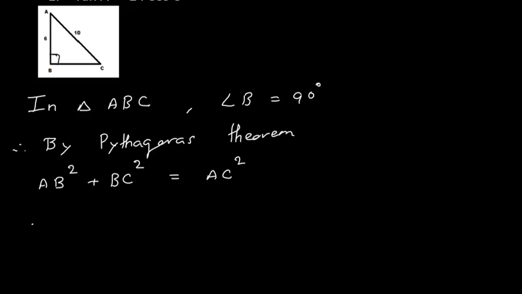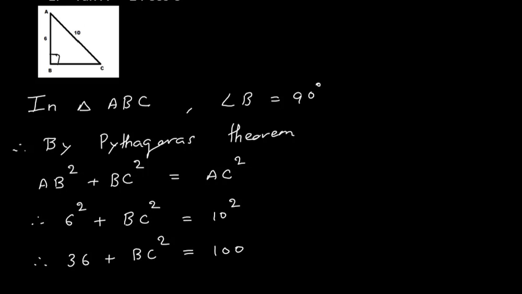Therefore, the value of AB is 6. So here I have 6 square plus BC the whole square, since the value of BC we don't know, is equal to the value of AC, which is 10. So this is 10 square. So I have 36 plus BC square is equal to 100.